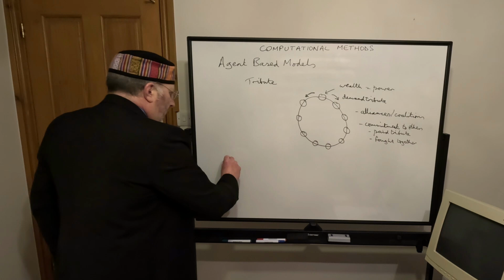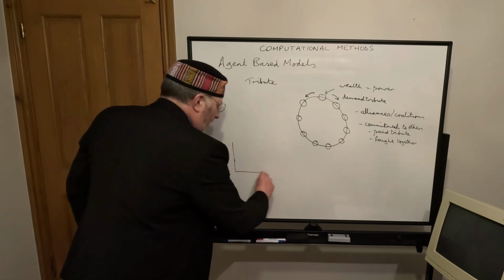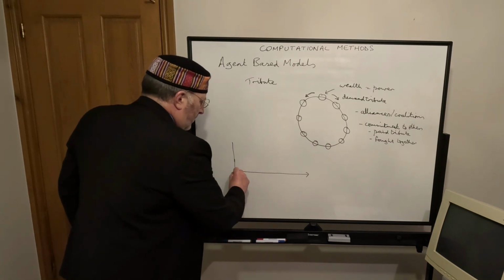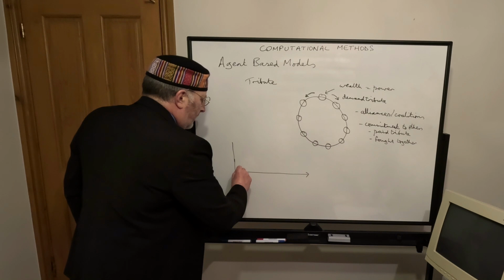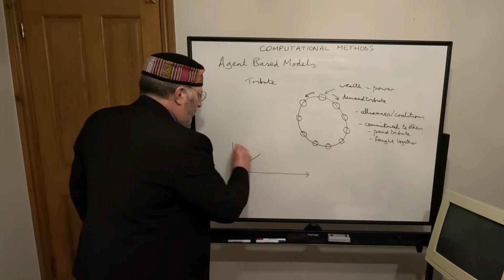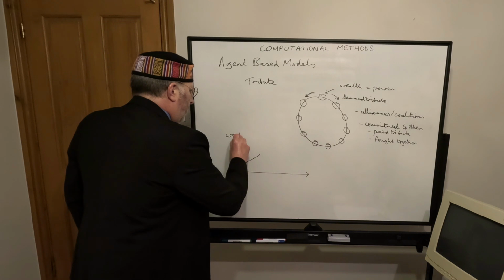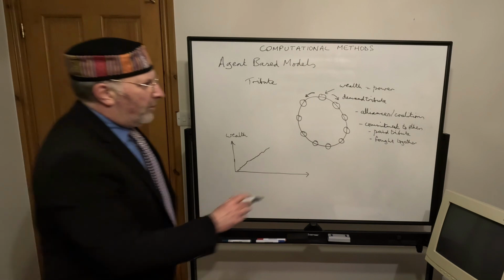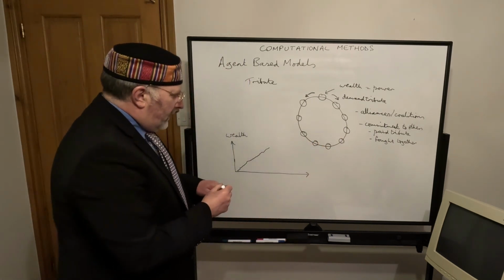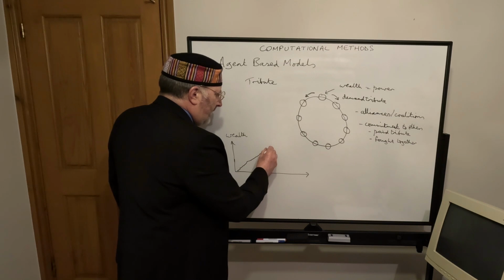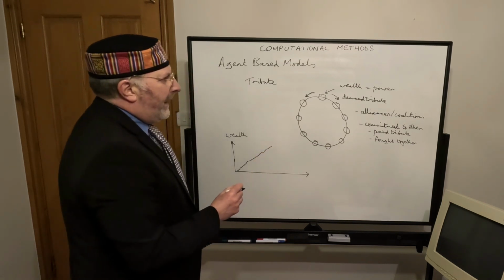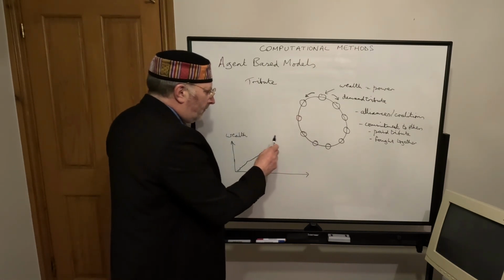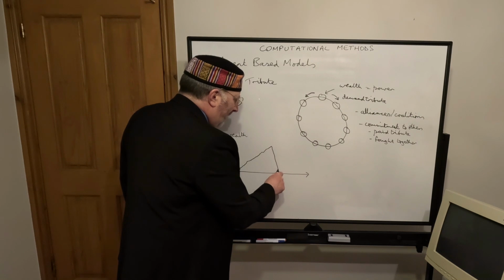And what Axelrod shows then is if you study through time a particular society, you find that its wealth tends to increase through these rules, but it eventually gets into a configuration where everything unravels and the wealth suddenly collapses.